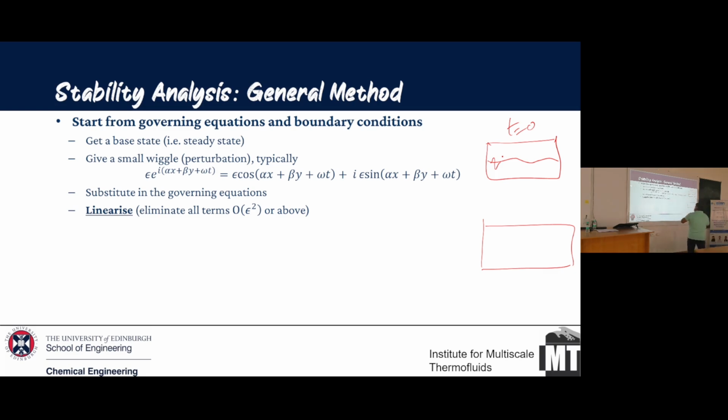If you look at alpha and beta, this shows how the system grows with space. So it's not just growing with time. Your perturbation can grow as it passes through the system, because it is traveling through a length. So it is a spatial growth rate.